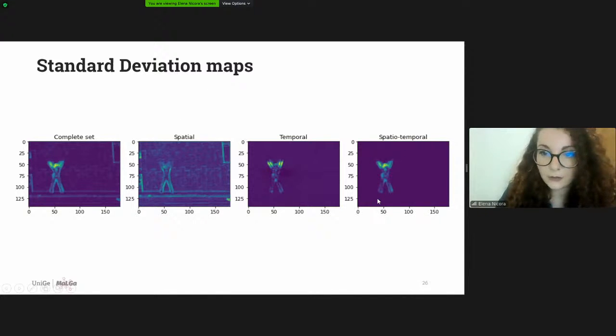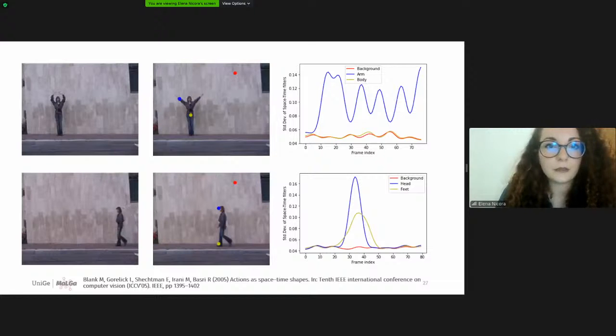So the best solution that we thought could be selected was to analyze the standard deviation profiles for the spatio-temporal filters.